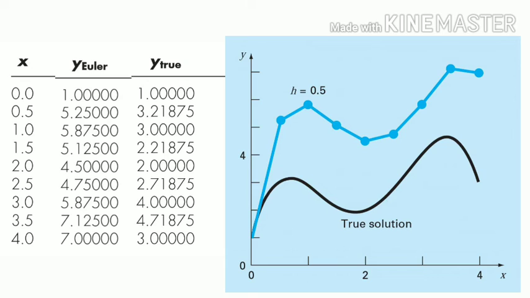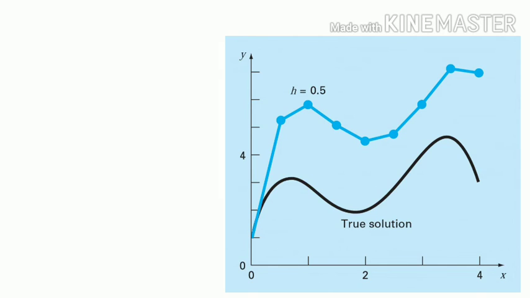So there is a difference between these two values because Euler's method, or the numerical method, is an approximate method. And now in our next lecture we will discuss what Euler's method is in detail with an example. Okay, thank you.